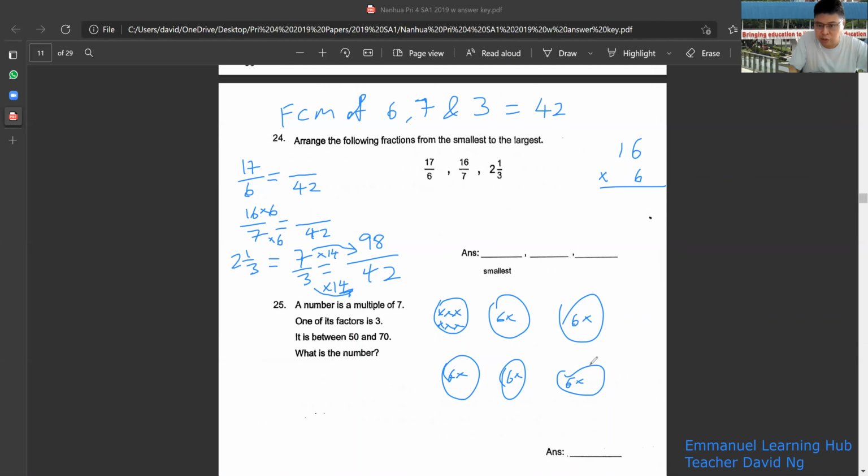Each group, there are 6 crosses. You go and add up all the 6, 6 plus 6 plus 6 plus 6 plus 6 plus 6. You add up, the answer is how many? 40? No.